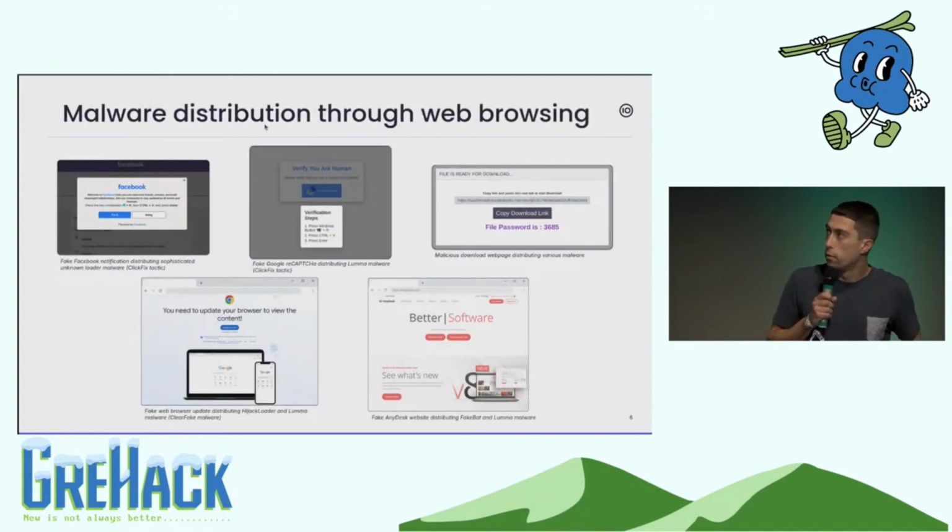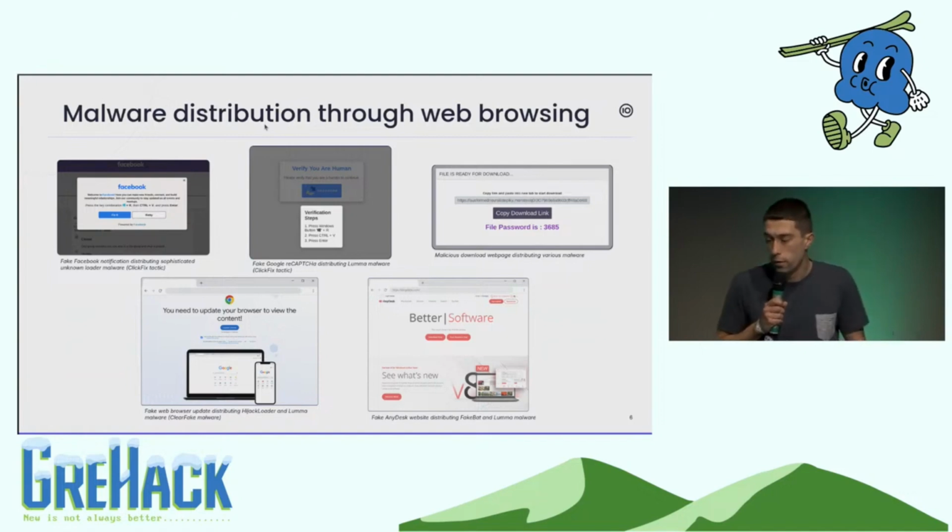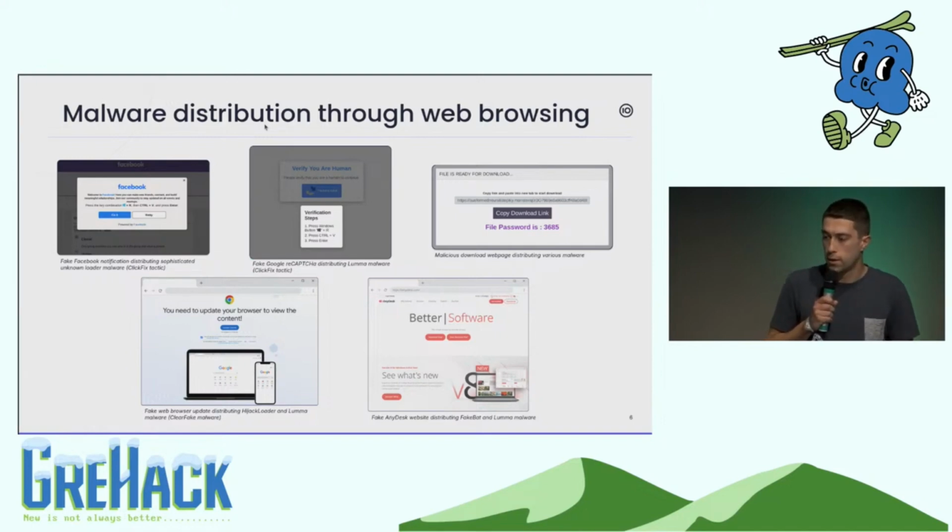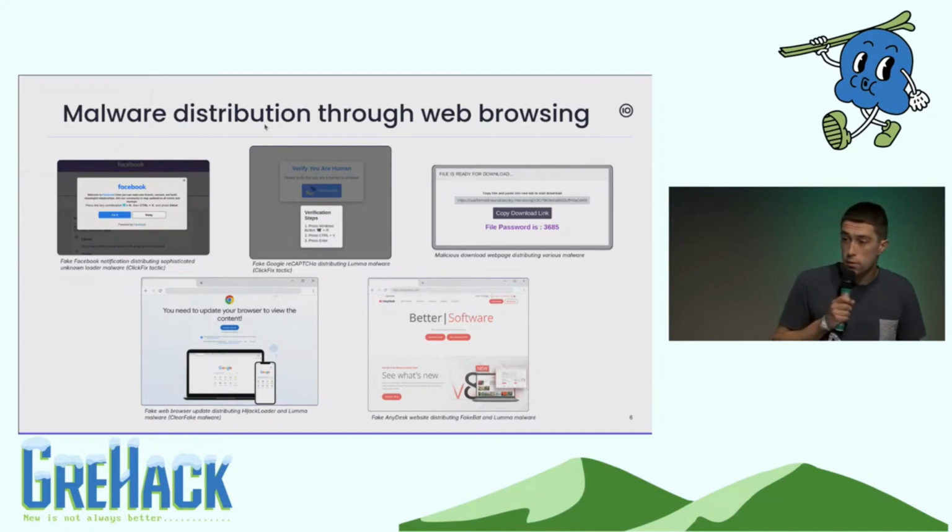So here are a few examples. The first two are fake websites that impersonate Facebook and the Google reCAPTCHA challenge. So they use the click-fix tactic that we will discuss later. The third one is related to malware distribution infrastructure that uses fake crack software.